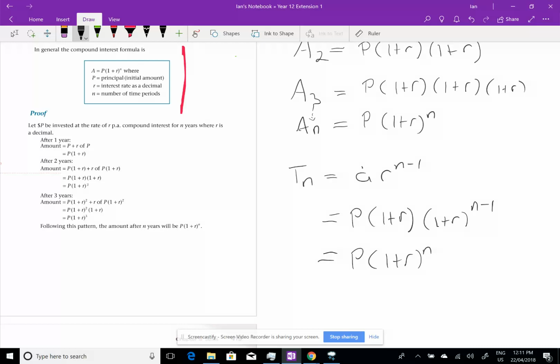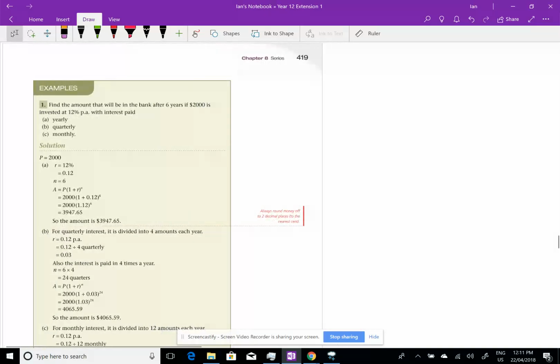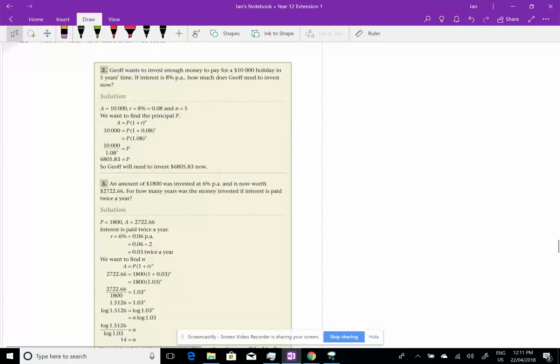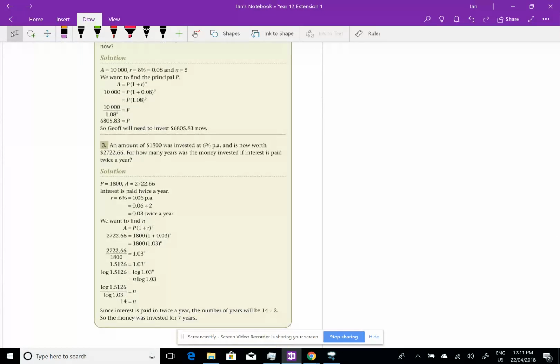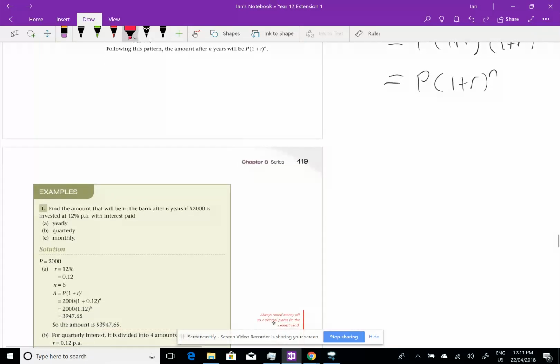Now, this can get a little bit harder, and there are only 2 questions in this exercise that require you to use logs. And there's an example of it here, where you have to use logs to help you solve. That's when you've got to find the time period, because the time period from the formula is up here.